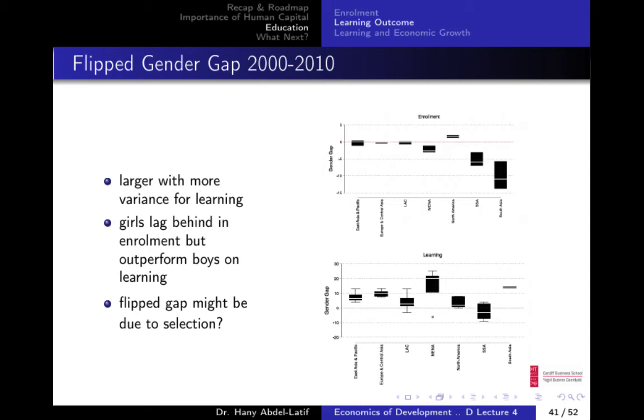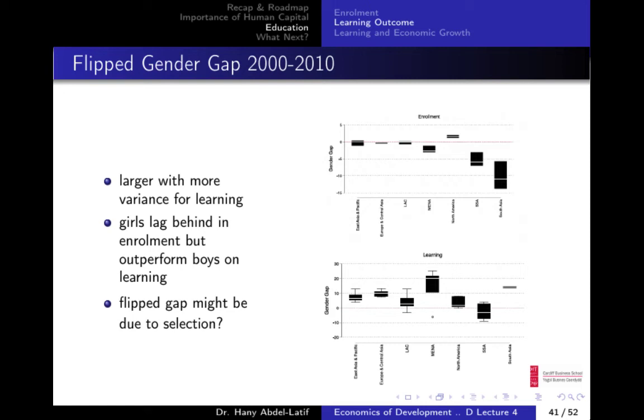We know from before that there is some sort of bias against girls. In terms of enrollment, they are lagging behind boys in most of these regions. South Asia, Sub-Saharan Africa, all these are below that line, which means a negative gender gap. Okay, so it's below 0.